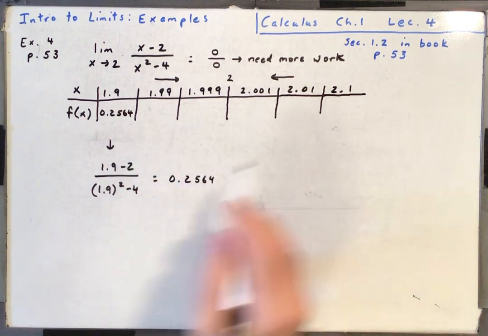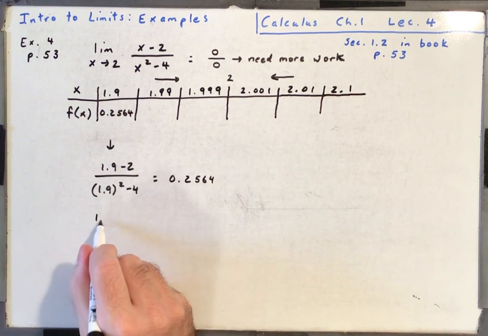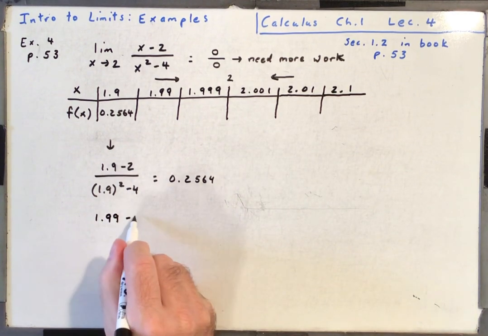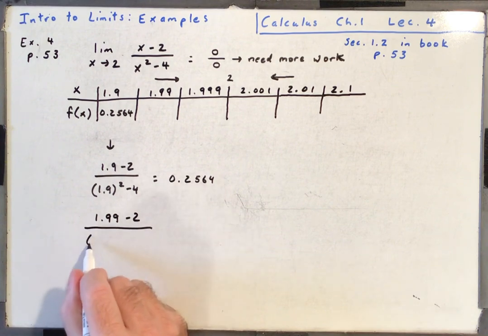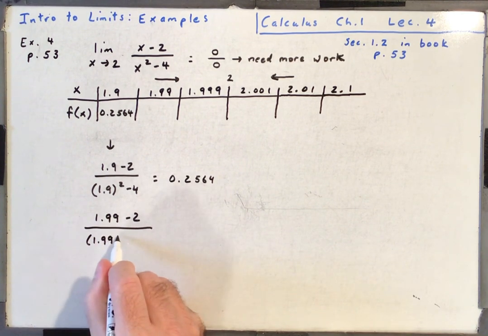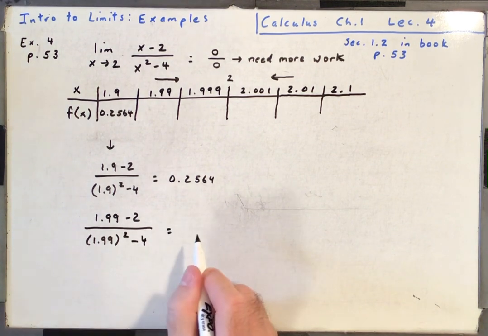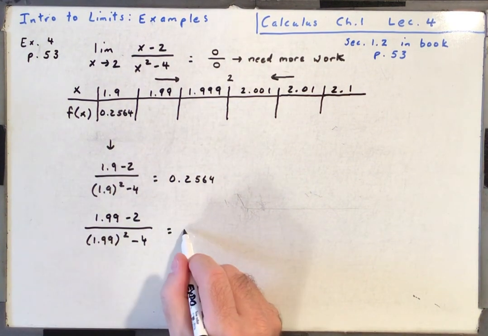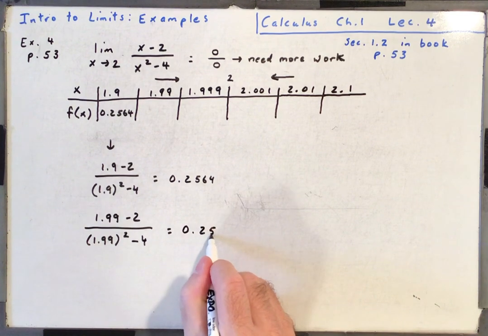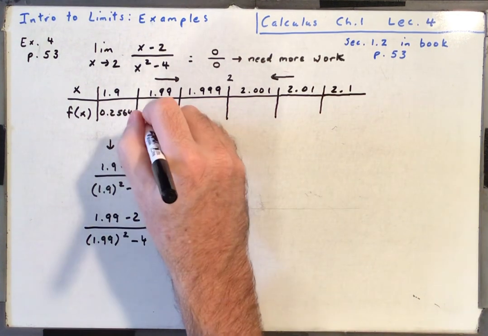And we're going to do that for all these values. I'm not going to write them all out, but 1.99 minus 2 over 1.99 squared minus 4. Right? If you put that in your calculator, you get 0.2506.